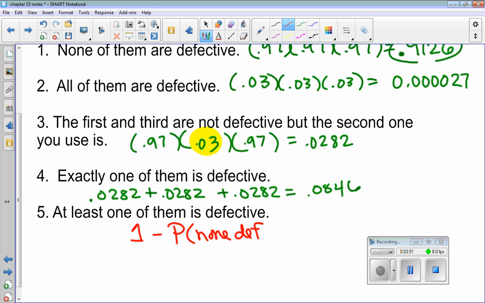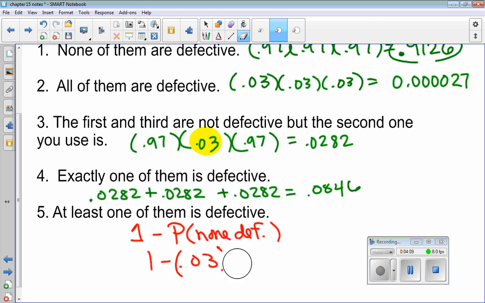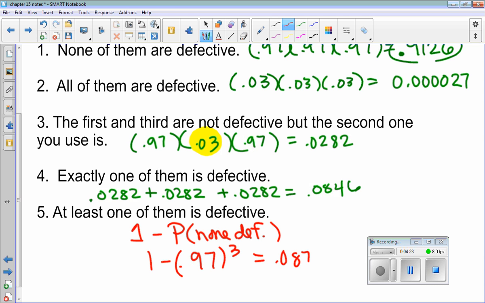And what was that probability? 1 minus 0.97 cubed, the 0.97 is the third power, right? None are defective. All right, that looks better, right? And what did you get? 0.0873. Perfect.